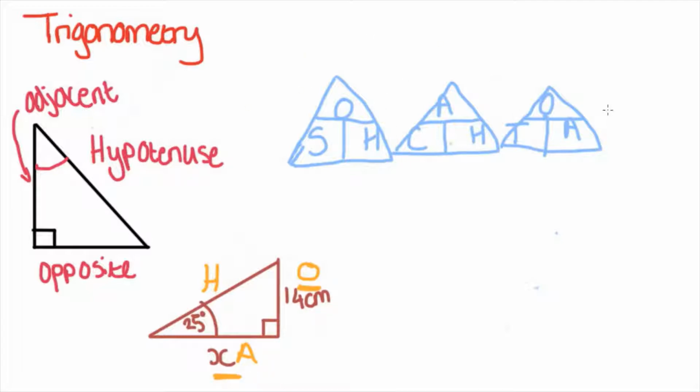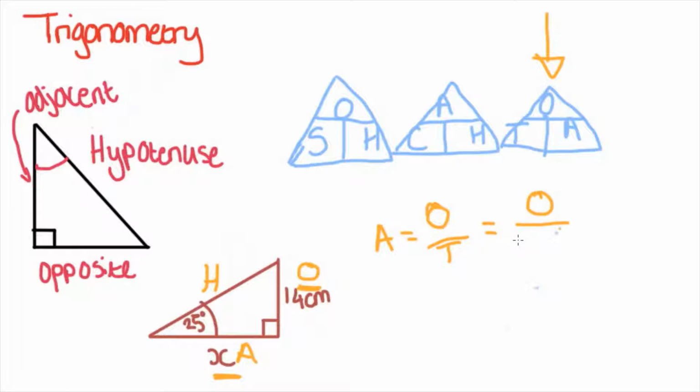So if we look at our three triangles, we want to use this one, because this one has the opposite and it has the adjacent. And we want to work out the adjacent. So using the triangles, we know that A is equal to O divided by T. And again, what does T stand for?